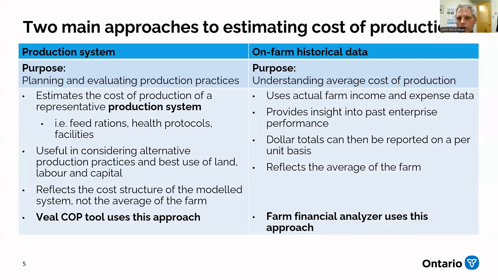And then on the historical data side of things, it's more how you did. It tends to be a little bit more looking at past performance and give you an idea of what your average cost of production is for your farm, where the production system approach tends to be forward looking, where you're mapping out that production system and then looking forward to say, okay, what happens if market prices change?